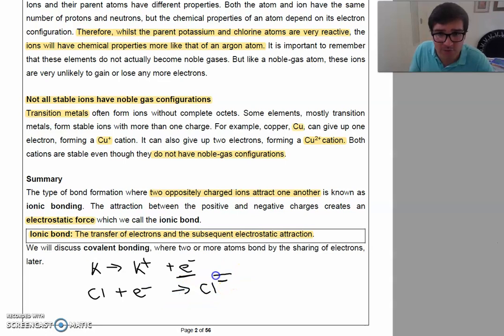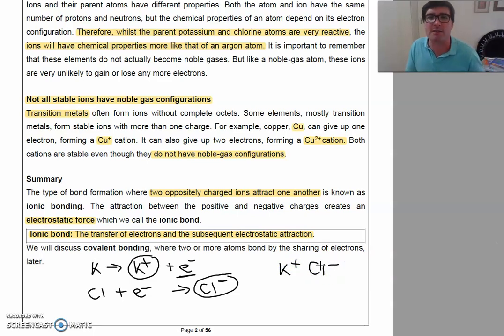And now I've got a negatively charged ion and a positively charged ion. And these ions can bond in what we will learn later, we call a crystal lattice, where we've got many ions of potassium and chloride ions specifically, that bond due to these opposite charges, which we call an electrostatic force. And that then is what we call an ionic bond.